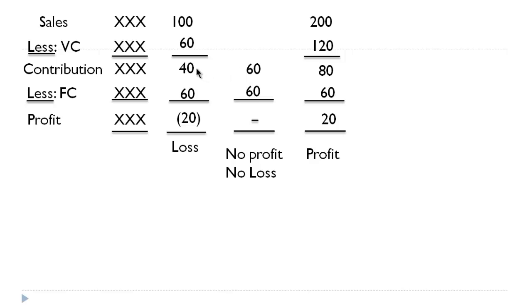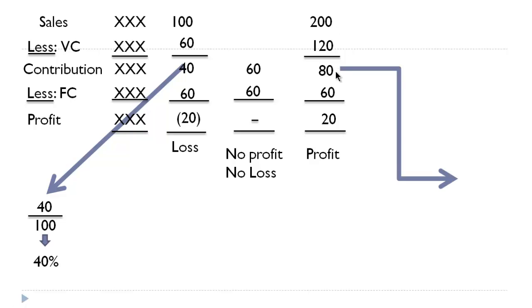Now this is going to tell us something very important, the percentage of contribution to sales. Look here, the 40 is the contribution when the sales was 100, right? It means the contribution percentage is 40. And 80 is the contribution when the sales was 200. So 80 on 200 means the contribution was also 40%.